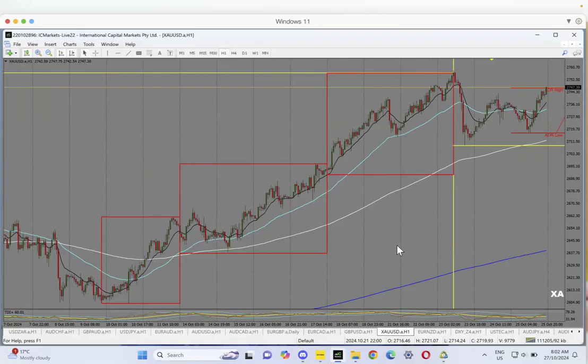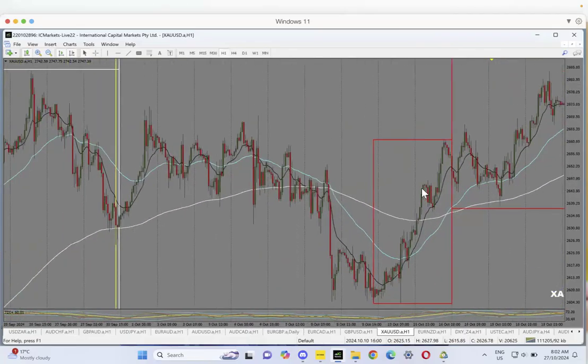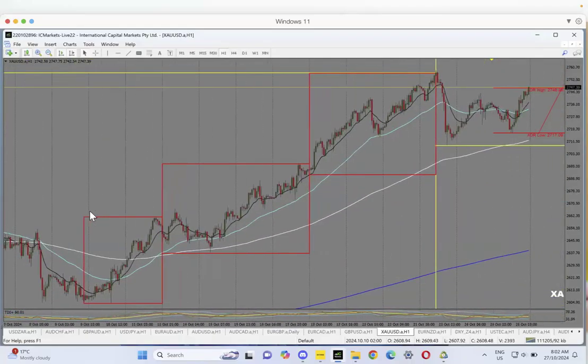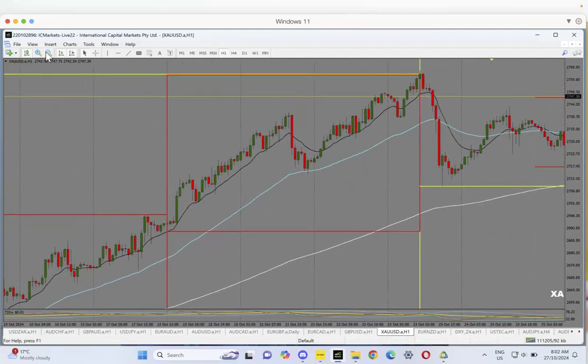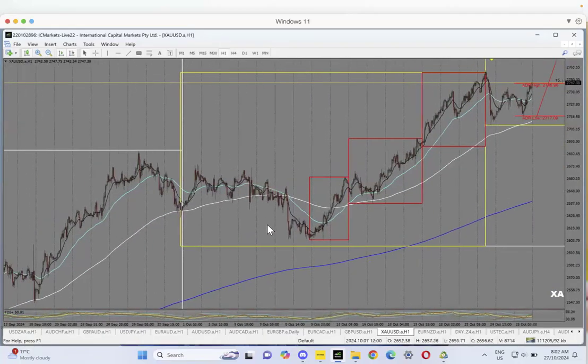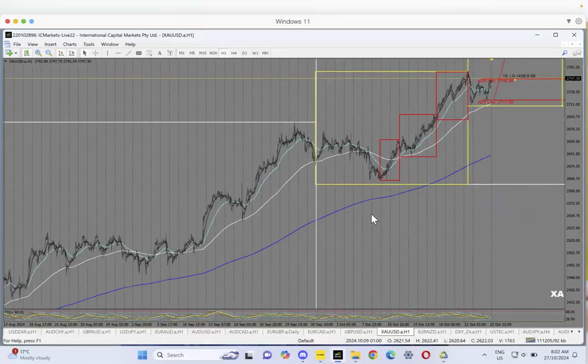Can you come back a bit? Which part? Where do I go? Can you zoom out? Can you zoom out first? No, sorry, you just zoom in. Yes, like that. A little bit more. Okay.